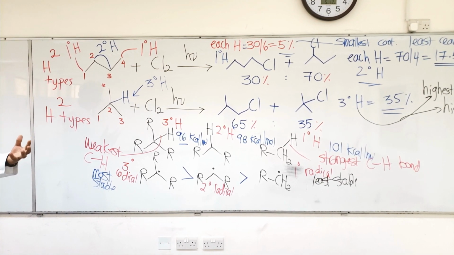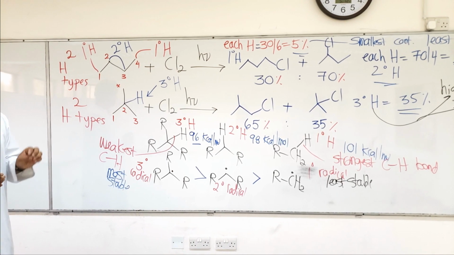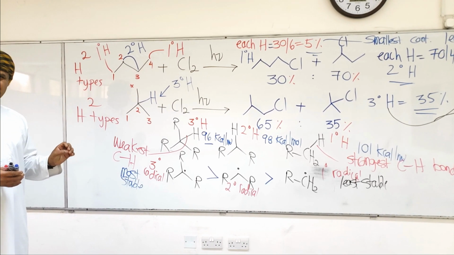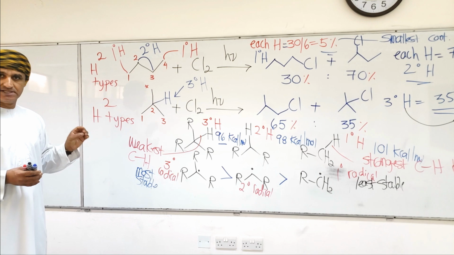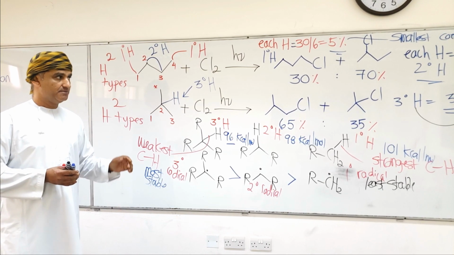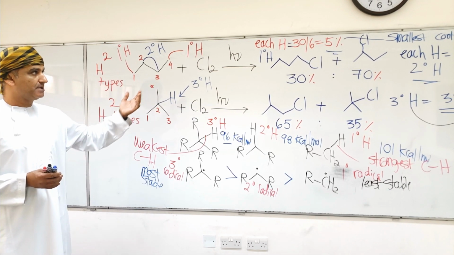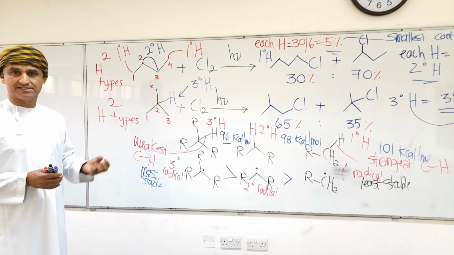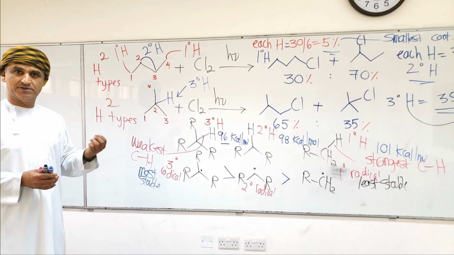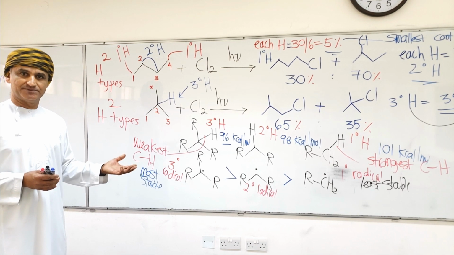is that the tertiary hydrogen is the most reactive in these types of reactions. Tertiary hydrogens are the most reactive because they gave the highest contribution. Primary hydrogens are the least reactive because the primary hydrogen gave the least contribution in these types of reactions.